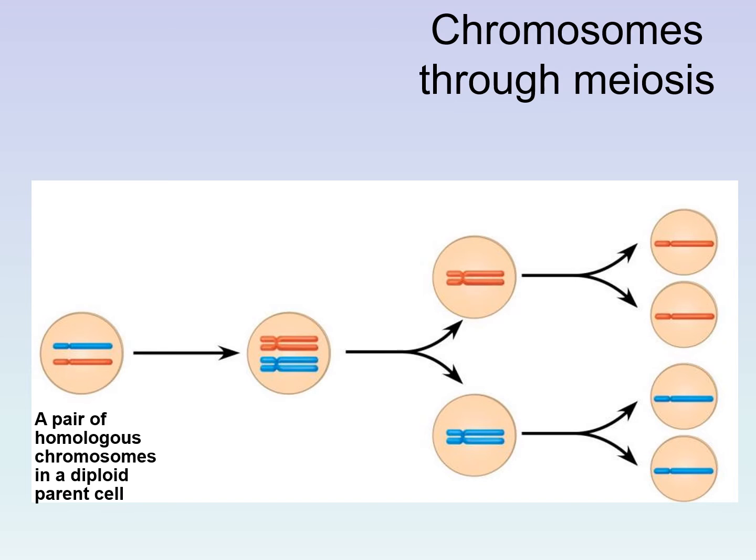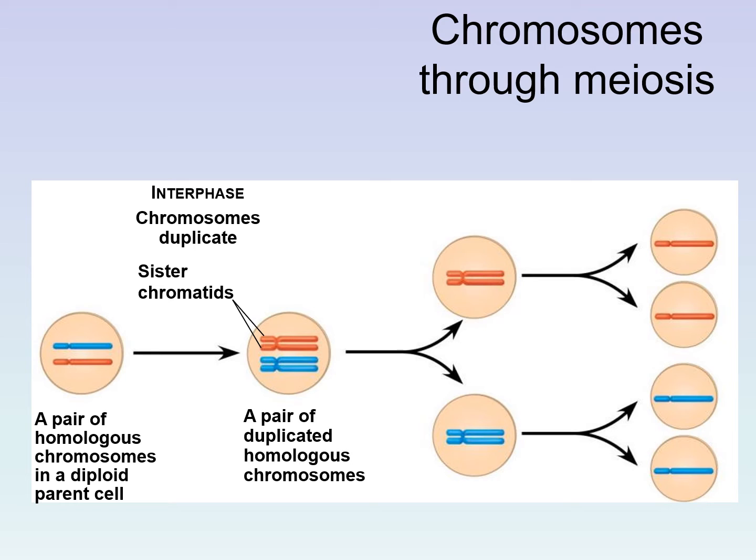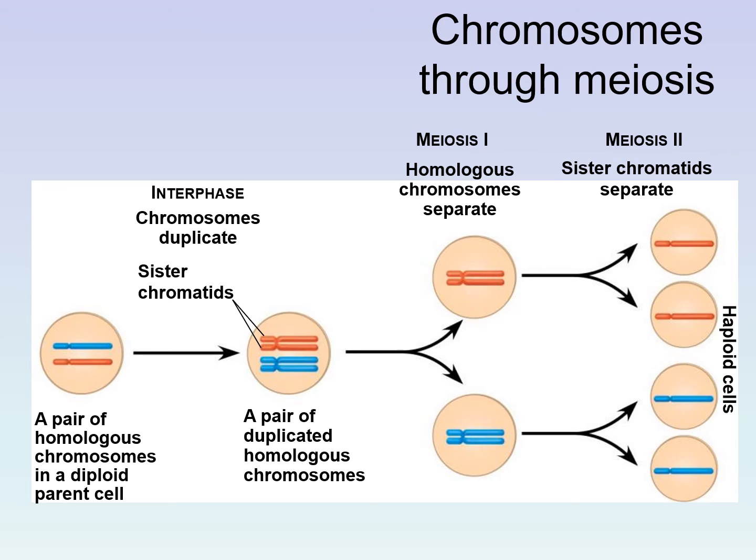Meiosis 1 is going to separate the homologous chromosomes, or the matching pair, one from mom, one from dad. Meiosis 2 is going to separate the sister chromatids, very much like mitosis. We know this is meiosis, this picture here, because meiosis reduces the number of chromosomes by half, and the beginning cell has 2 chromosomes, and then our ending cells each have 1 chromosome.